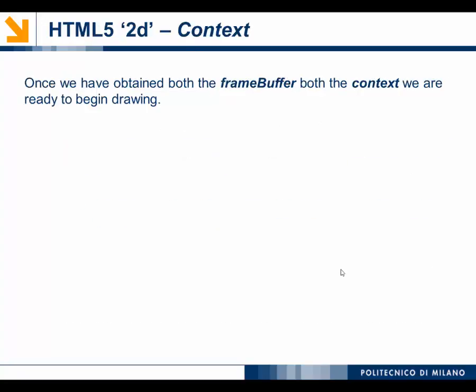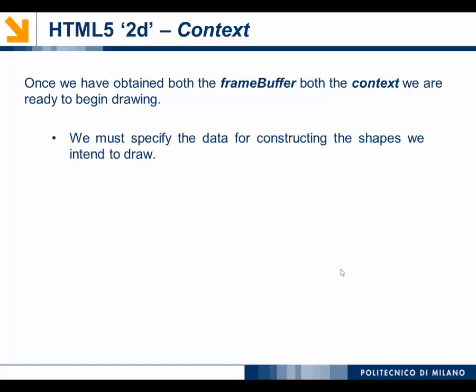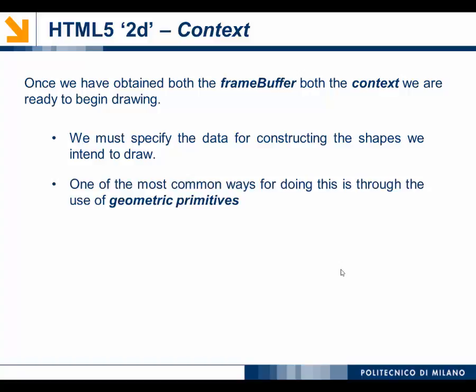Now we have the frame buffer, which is the portion of the screen on which we can draw. We have a context, a data structure for keeping track of everything we want to draw, all the properties of what we are going to draw. So we are ready to begin drawing. Now we have to specify the data of our figure, of our pictures, the shapes we intend to draw.